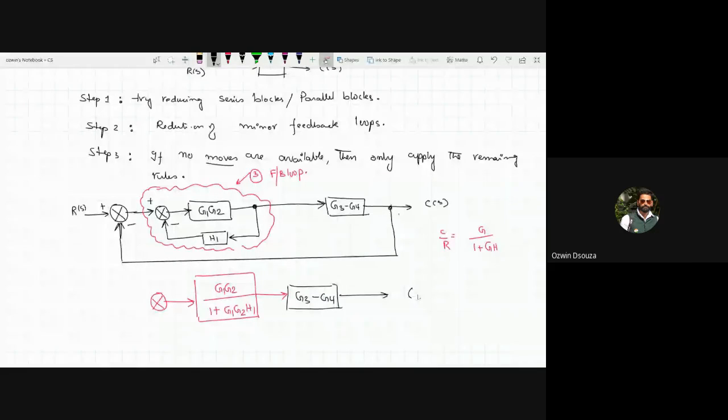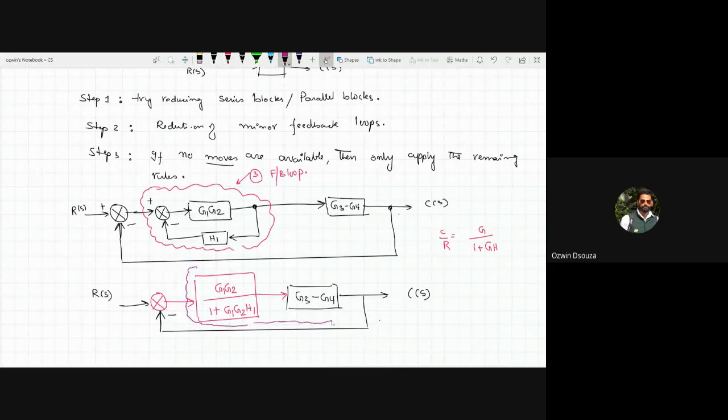And this is C of S. This is R of S, the negative side, and the feedback path. Right. So what is it that you're observing? You're observing that these two blocks are connected in cascade.